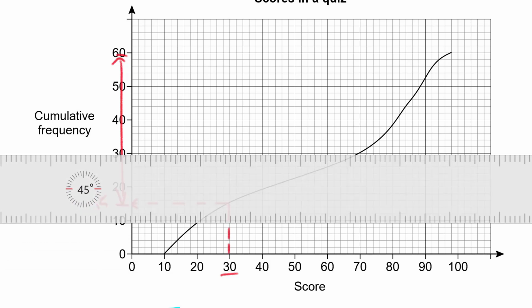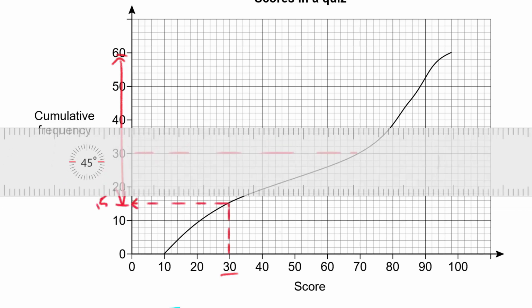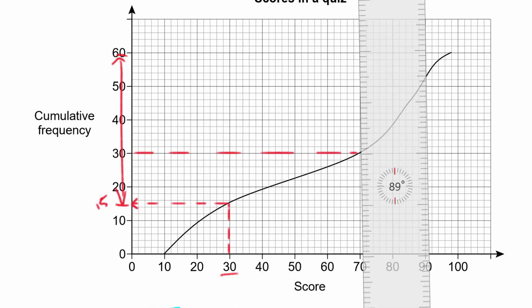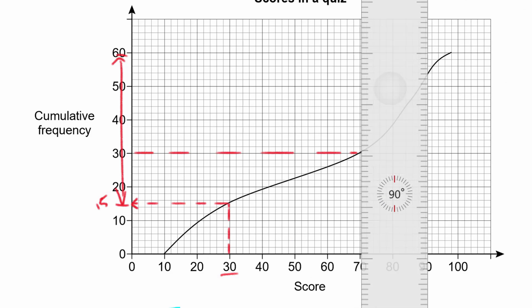So again, reading across the graph in the other direction this time. So along from 30, and then change direction, go downwards.